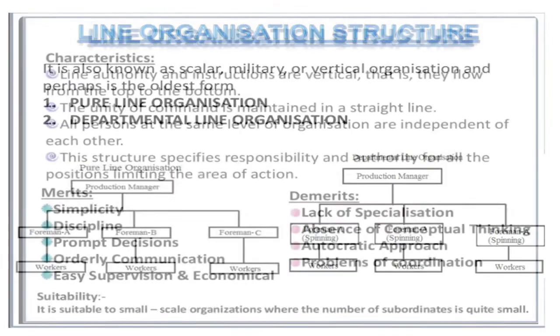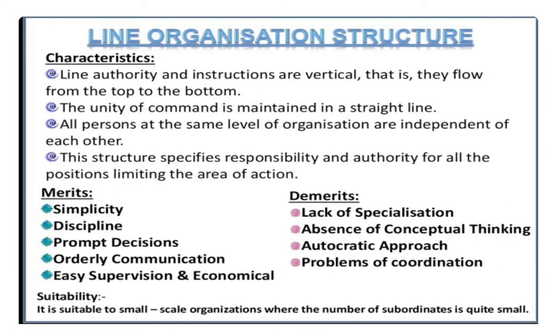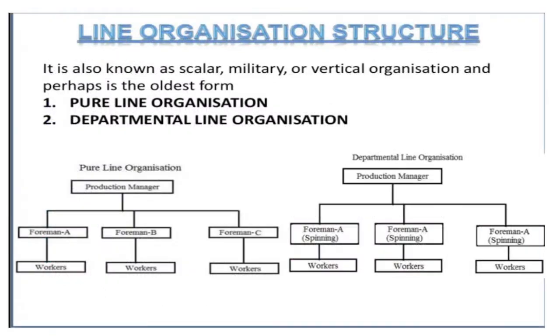Then coming to the characteristics of line organization, authority and instructions are vertical. Look at here, the production manager will contact the foreman, foreman will contact the worker. Production manager will give orders to the foreman, foreman passes the order to the worker.